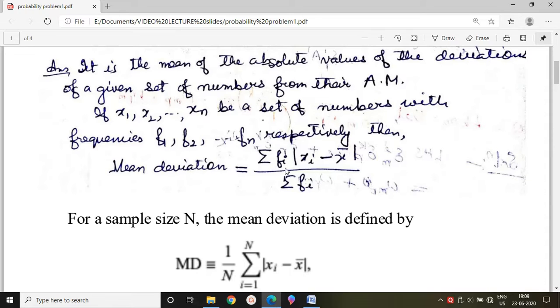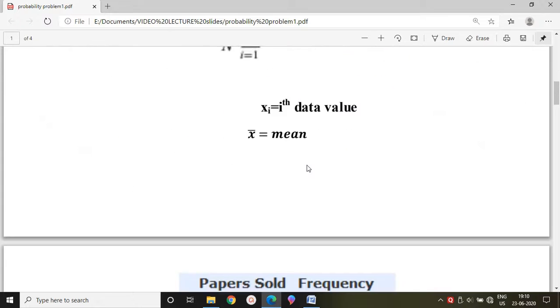The product is summed over all i, from 1 to N, and divided by the sum over fi, that is your total frequency. In this way, you get the mean deviation for a frequency distribution. So this is all about mean deviation.